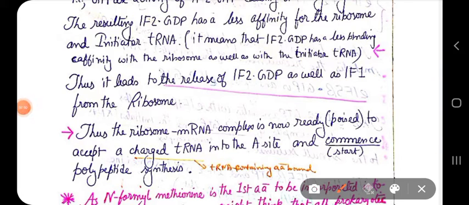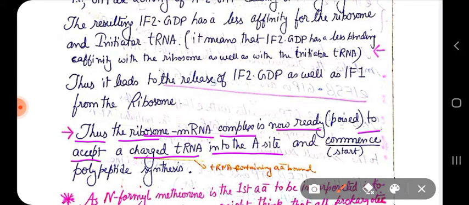Thus the ribosome-mRNA complex is now ready to accept a charged tRNA into the A site, because after IF2, IF1 also dissociates from the ribosome.